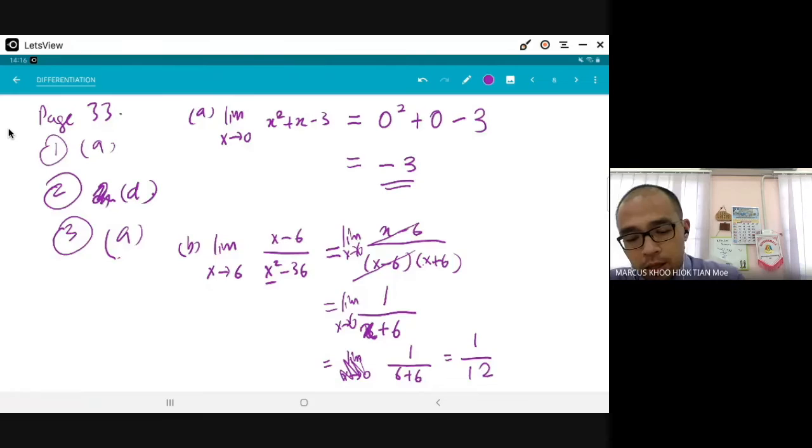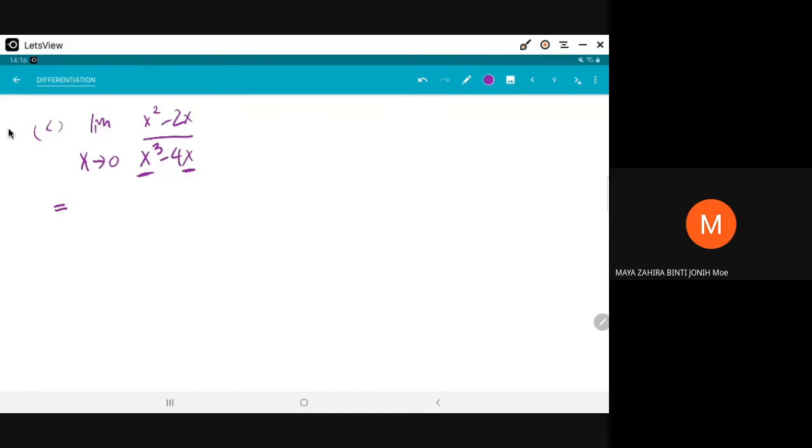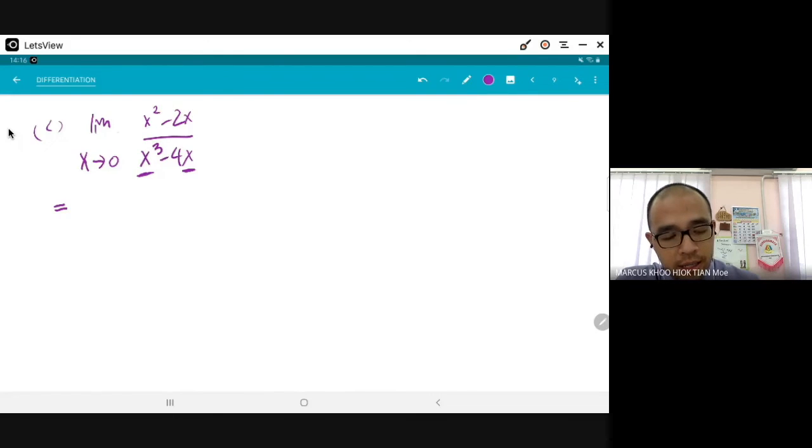Okay, all right, let's do this one. So now when x is 0, here will be 0, and then here also 0, which cannot, because then you will get 0 down there. So what do you think we can do first? Anybody? Take out the x. Okay, very good. Take out 1x on top and 1x on the bottom.